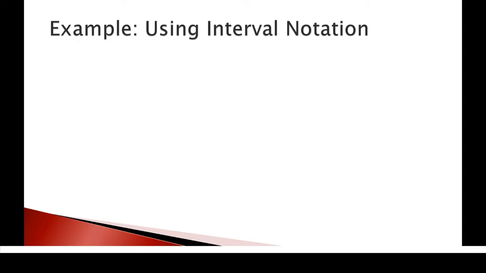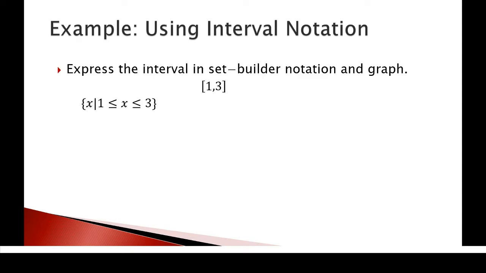Now let's look at some examples using interval notation. How do we express the interval in set builder notation and a graph? Here we have a closed interval because we have square brackets. So mathematically we can write it like this. Then first draw the real number line and mark the numbers.